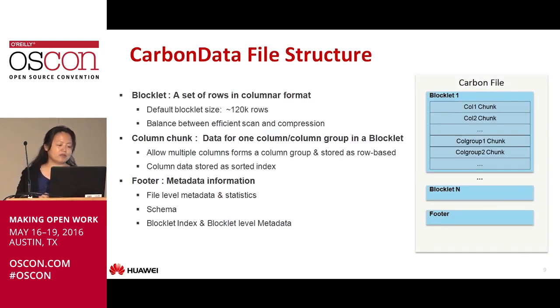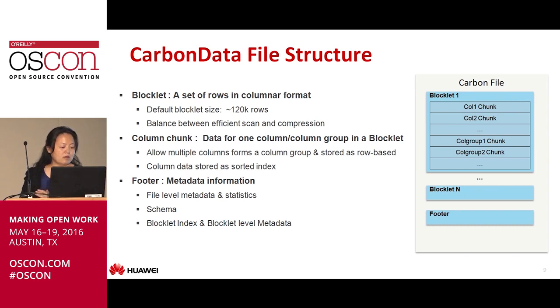So at a high level, a CarbonData file is structured into blocklets. A blocklet is a set of rows stored in columnar format. And the column chunk is the data for one column or column group within a blocklet.